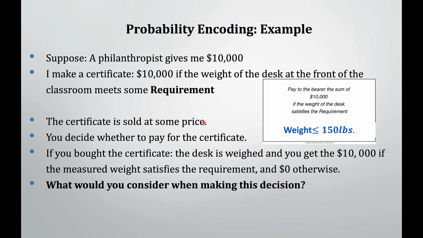Okay. So of course, something we've learned before is that buying the certificate gives you some risks, right? With some probability, you will get $10,000, and with some probability, you will get $0. So your preference towards uncertainty, the level of your risk aversion or your risk loving, would definitely be considered when you decide whether to pay the price to get this certificate.